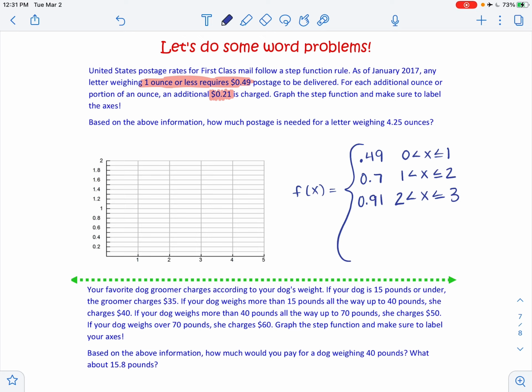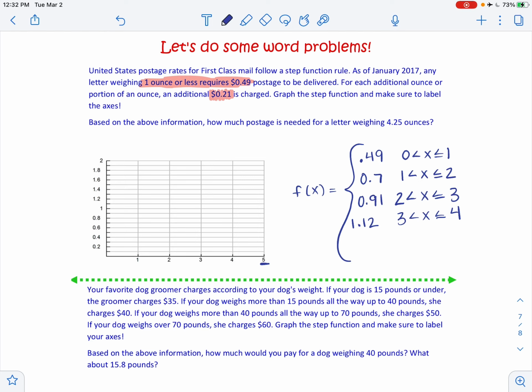Again, going up another step, as soon as I weigh more than 3 ounces, I'm adding another 21 cents. That brings our cost up to $1.12, and that is for ounces greater than 3, but less than or equal to 4. Now I noticed the graph we're given goes up to x is 5, so that's where we're going to go up to with our step function as well.